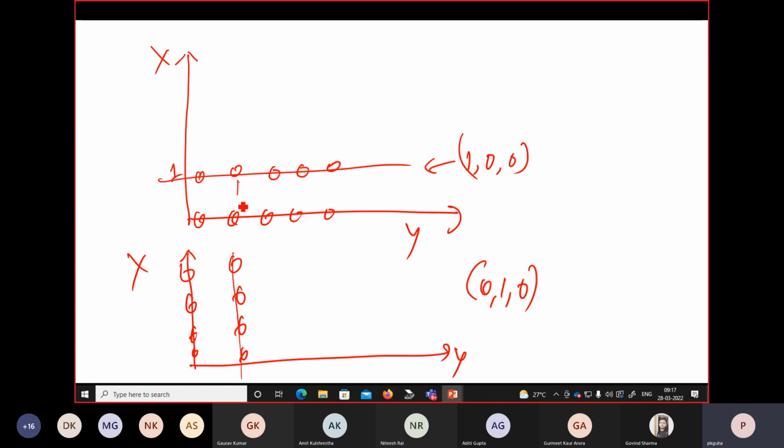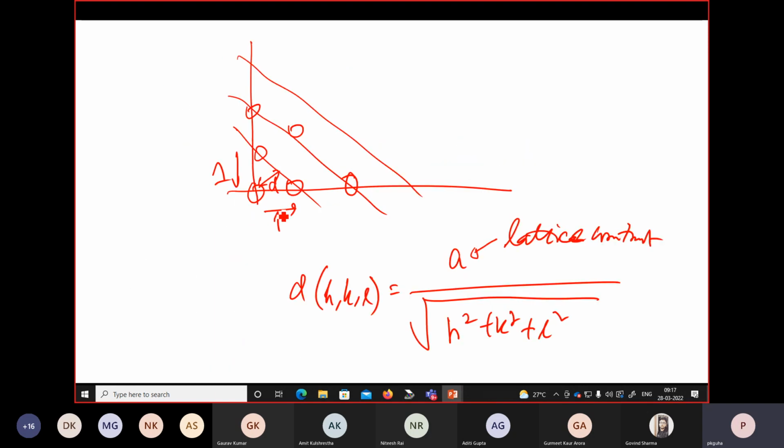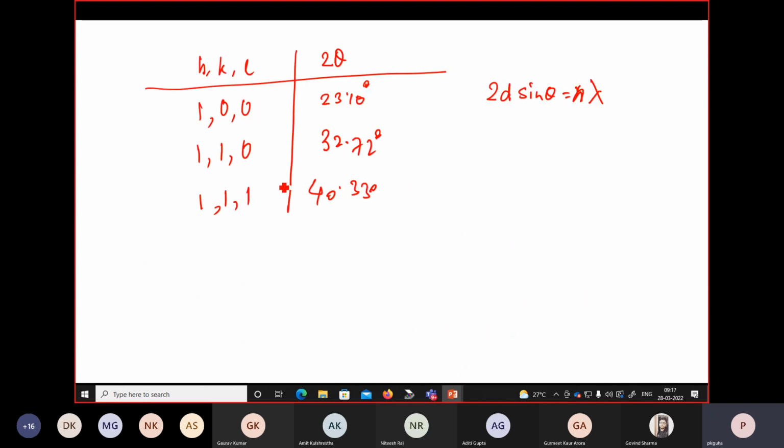You see, here d and here d will be different, so there might be multiple d's. The distance between planes might be different if we consider planes at different orientation, HKL, in the crystal.